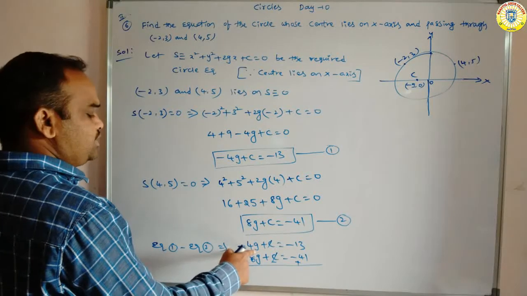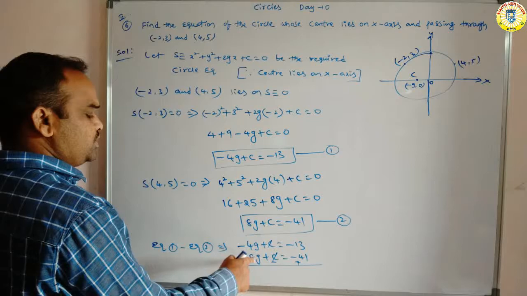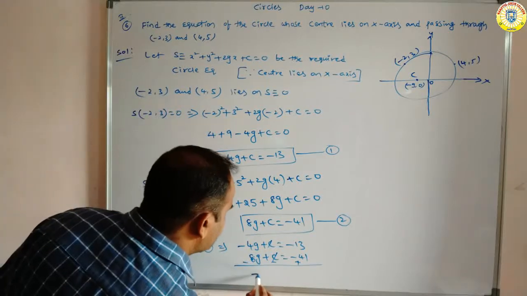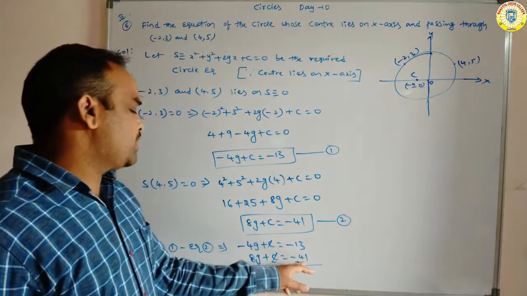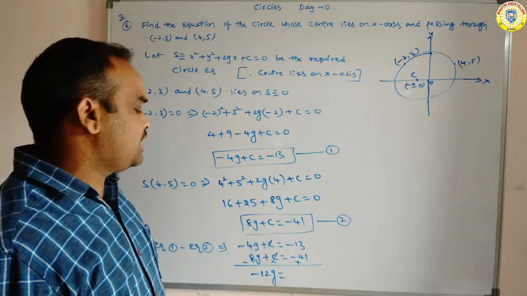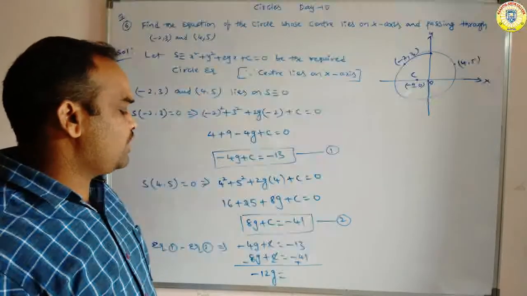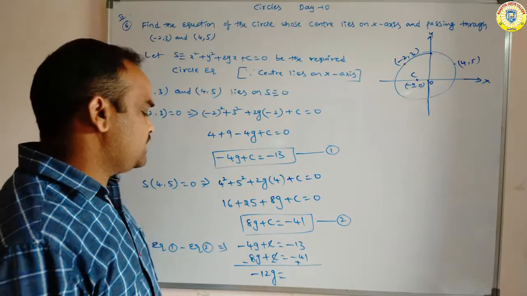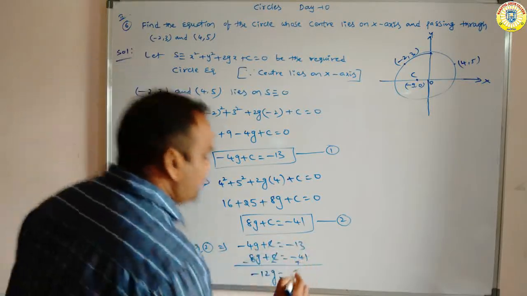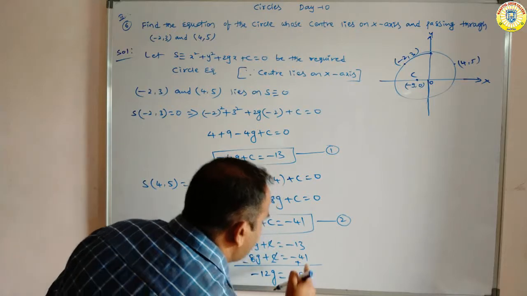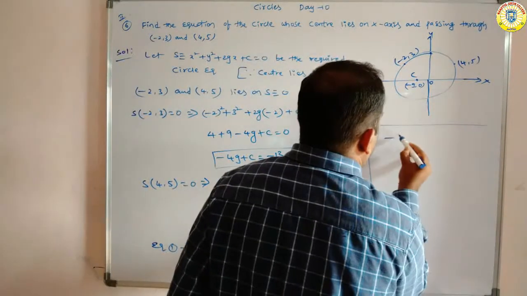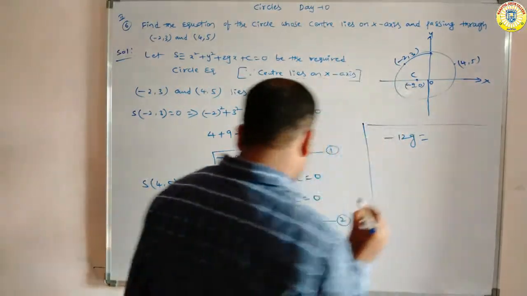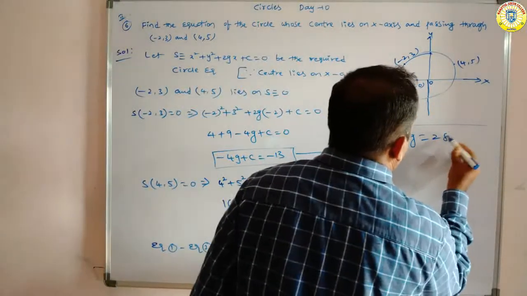Minus 8g minus 4g, that is minus 12g, is equal to plus 41 minus 13. Plus 41 minus 13 is equal to 28. So minus 12g is equal to 28.